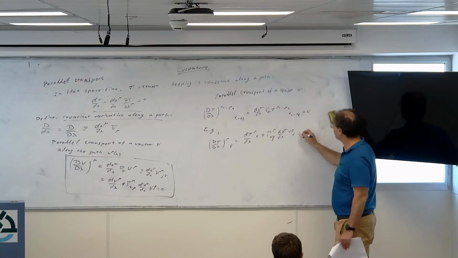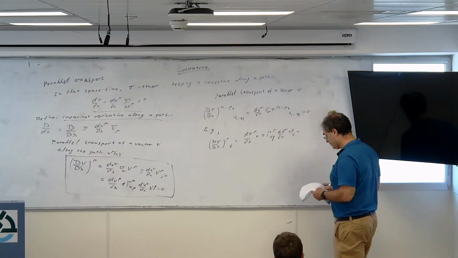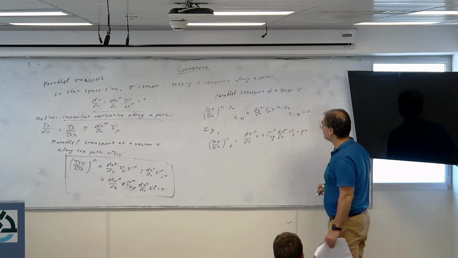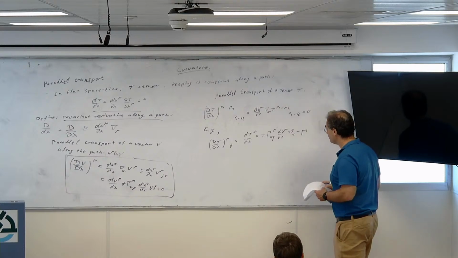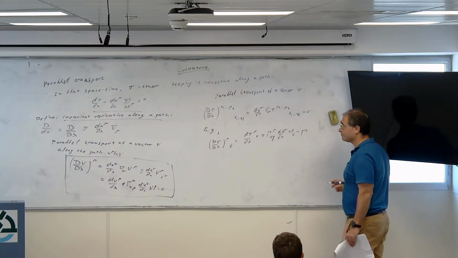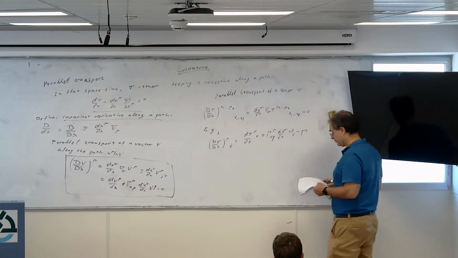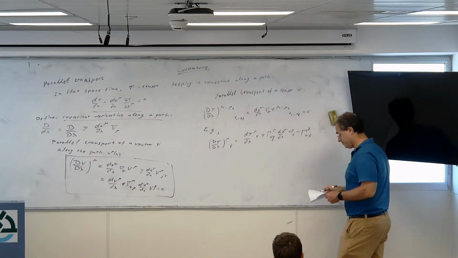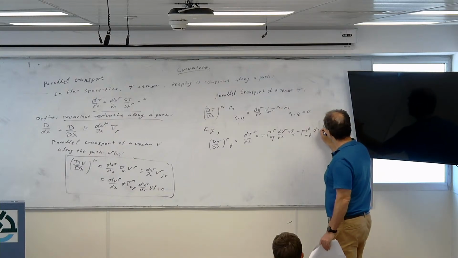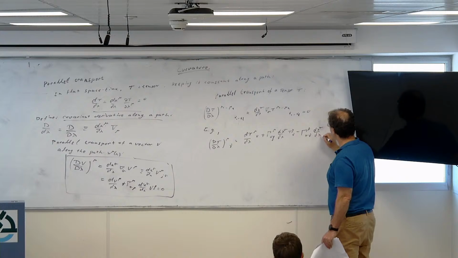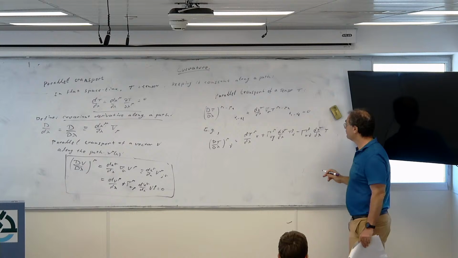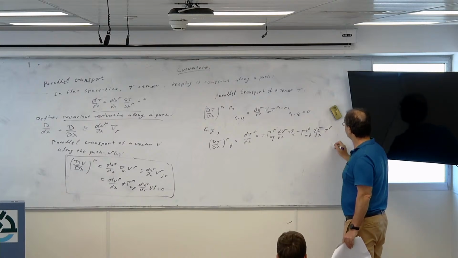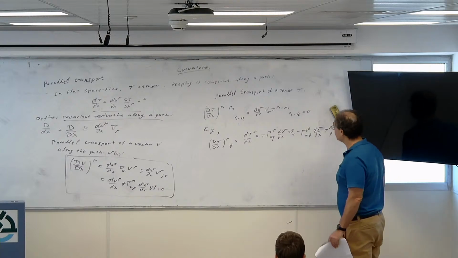Minus. Very good. Minus what? Gamma, what do I have? Gamma^rho_{sigma nu}, and then dx^sigma over d lambda. And then the tensor T, with upper index mu and rho lower index. Very good. Okay, that's clear.